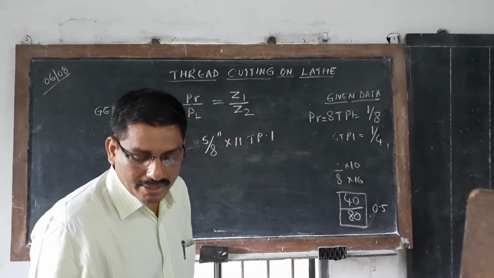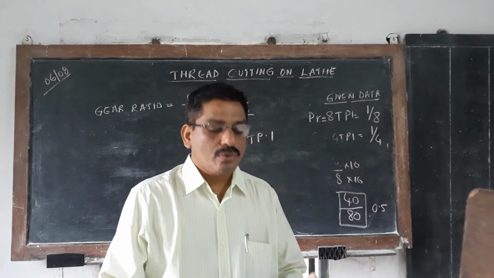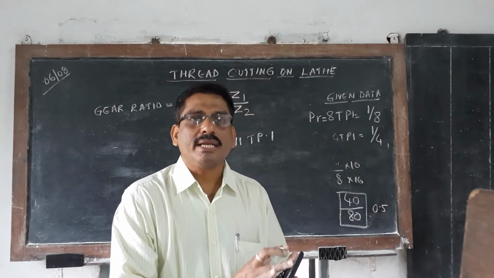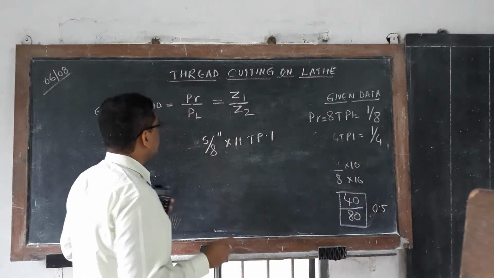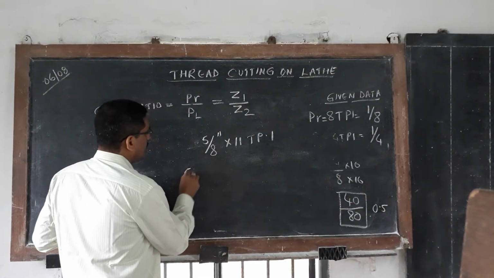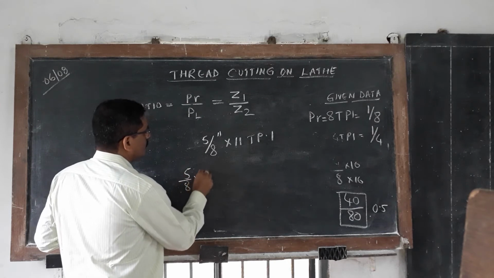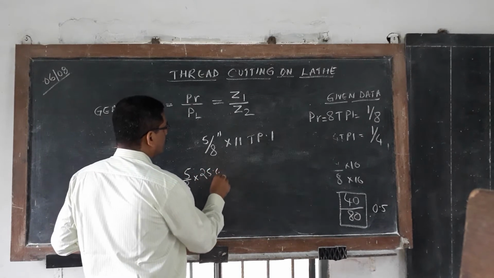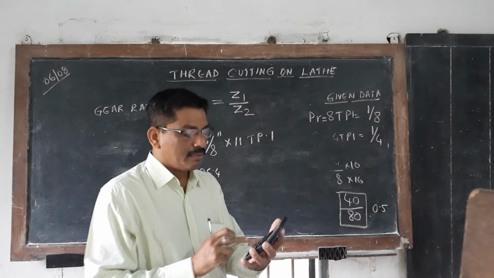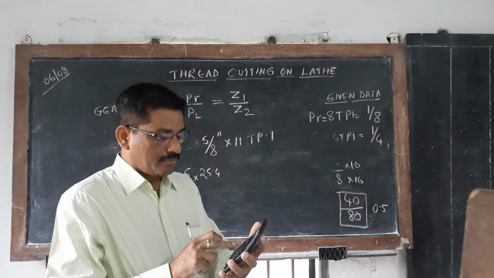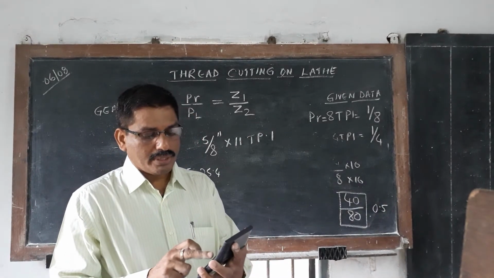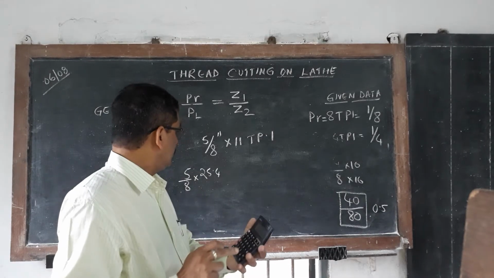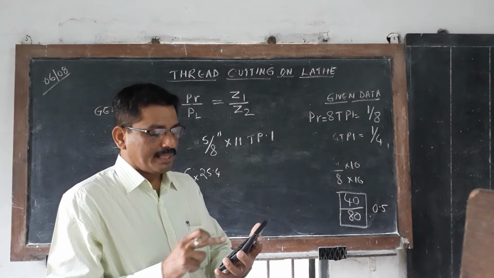If you convert it into mm, when you do the turning, I think 15.9 something is coming. 5 by 8 into 25.4, that is 25.4 into 5 divided by 8.